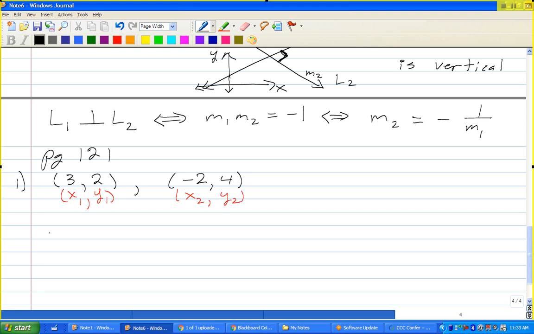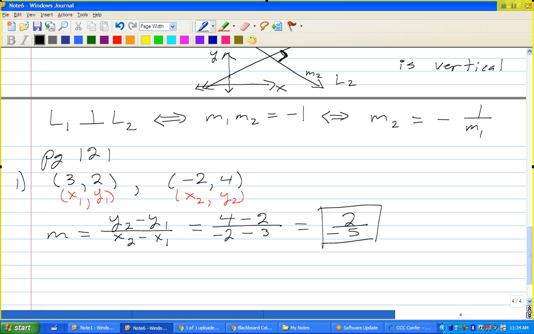So the slope is just y2 minus y1 over x2 minus x1. And so y2 is 4, y1 is 2, x2 is negative 2, x1 is 3. So I get 4 minus 2, which is 2, over negative 5. And so my slope is negative 2/5.